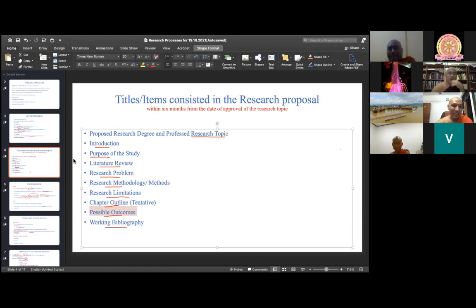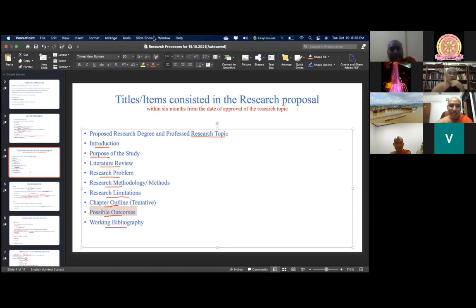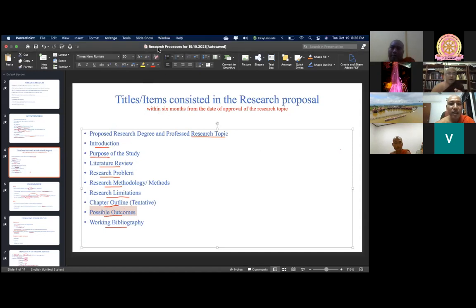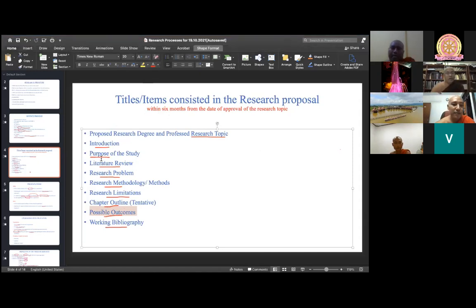To my idea, possible outcome means a new interpretation of our research, a new interpretation of our thesis. Possible outcome means the new idea or new interpretation of our research, similar to a new idea or hypothesis.